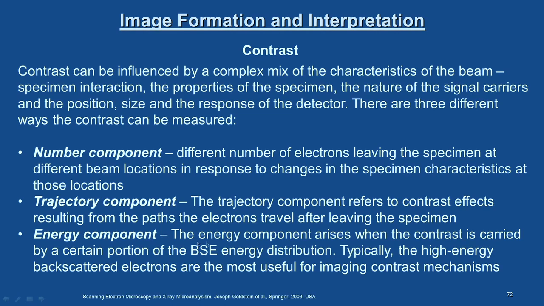The energy component arises when the contrast is carried by a certain portion of the BSE energy distribution. Typically, the high energy backscattered electrons are the most useful for imaging contrast mechanisms.